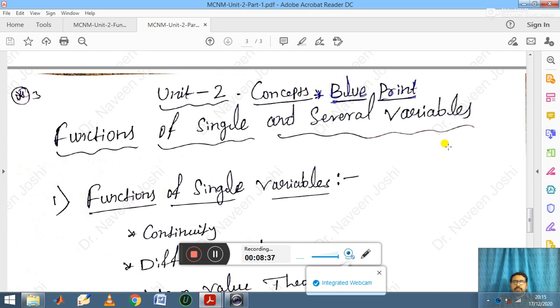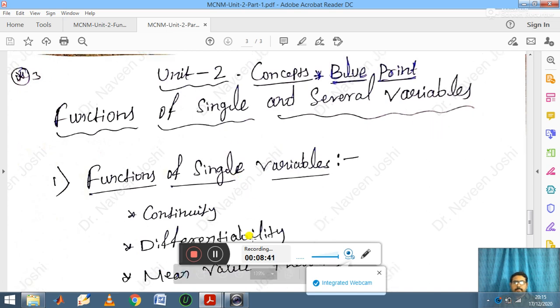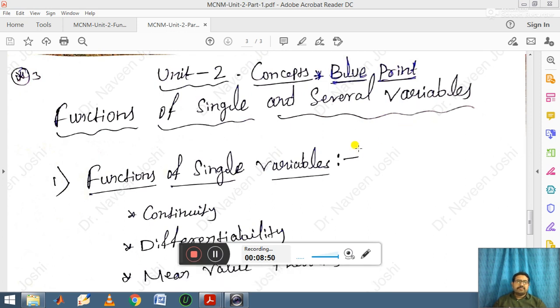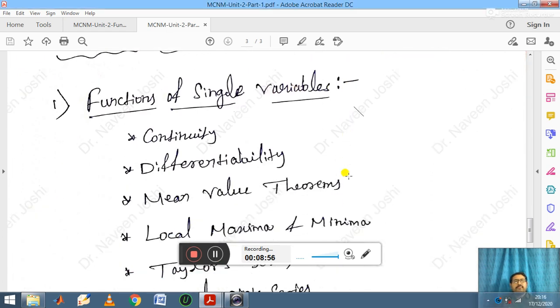Then I wanted to show the blueprint of unit 2, functions of single and several variables. We can classify this chapter as functions of single variable as the first part and functions of several variables as another part.